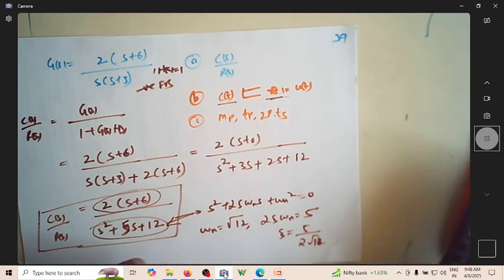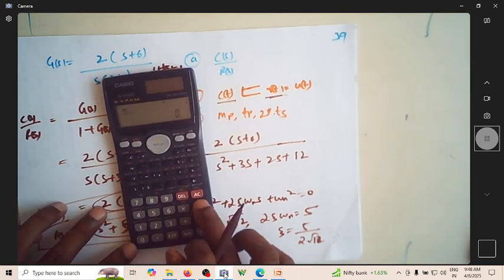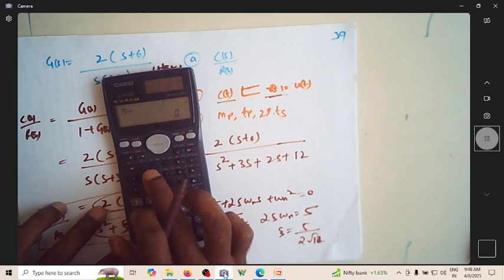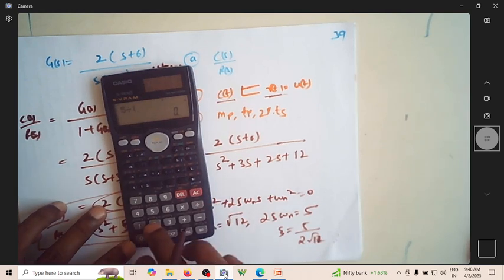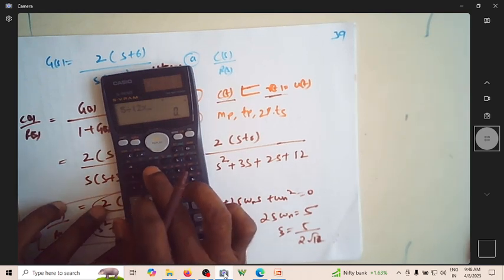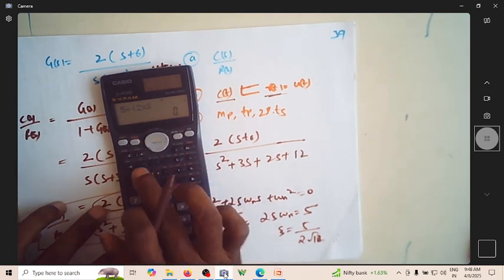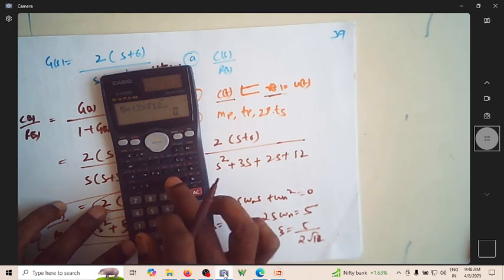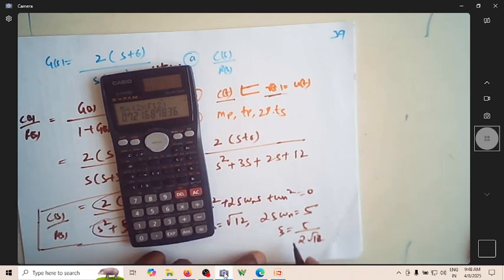So how much is 5 divided by 2 into root of 12? This comes out to be 0.721.